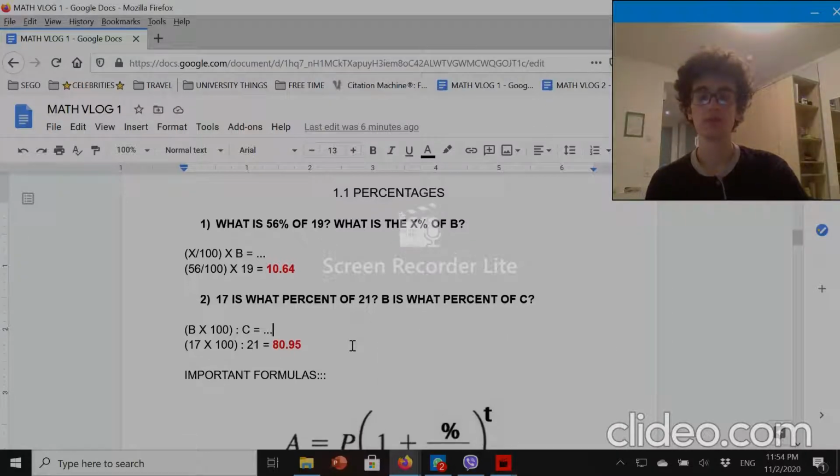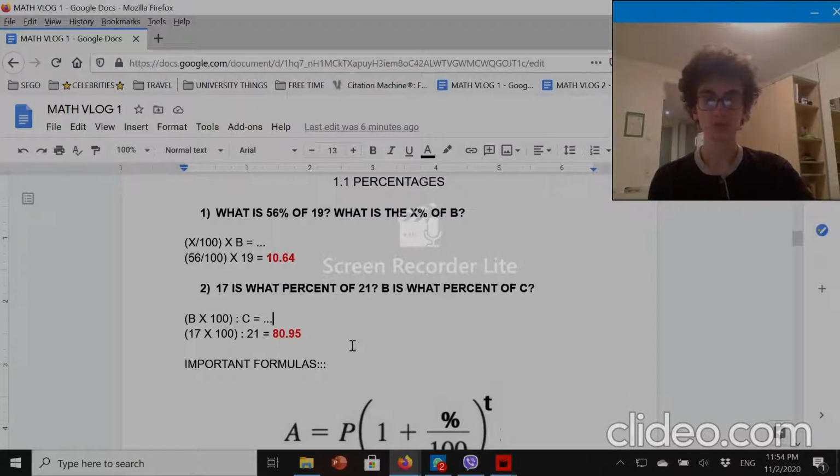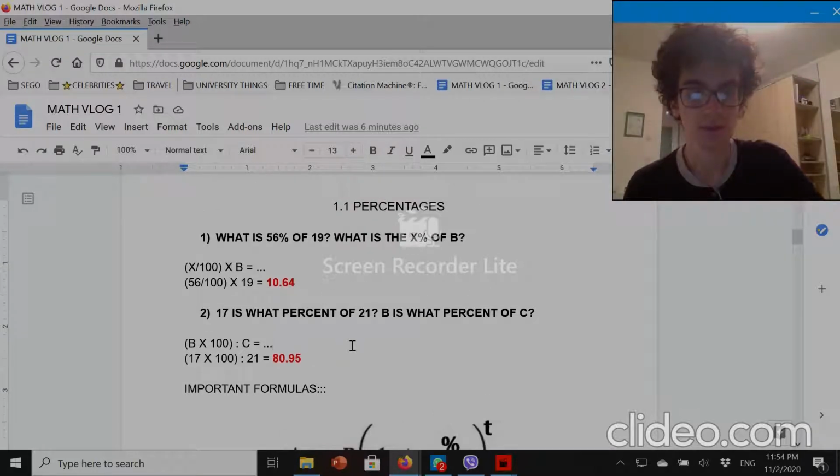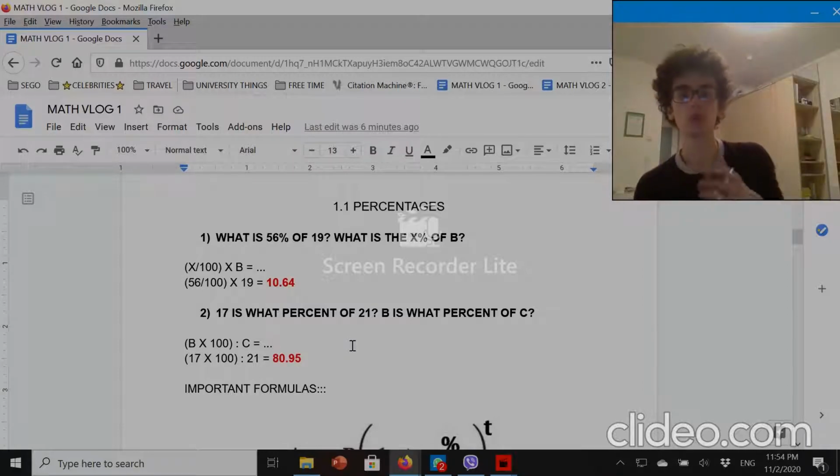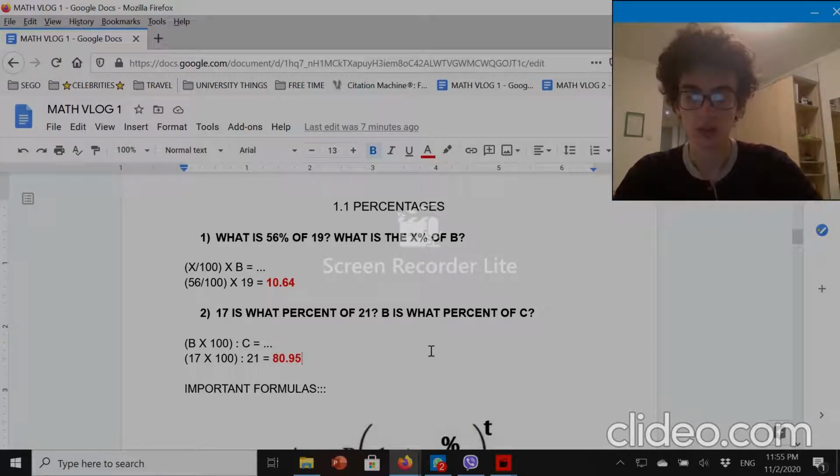What would that mean for us is we would write 17 times 100 all divided by 21, and that would give us 80.95, which would mean that 17 is 80.95% of the number 21. I should have written percent here.